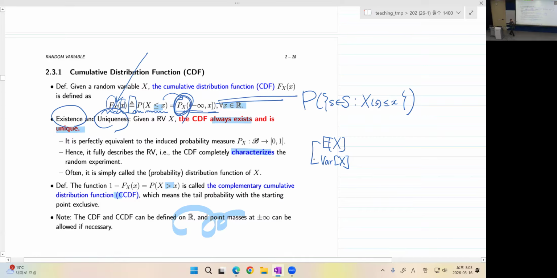However, probability distribution, especially the CDF, uniquely and always fully describes a random variable. By the way, the one with the inequality flipped is called the CCDF, complementary CDF, and it's also very important.